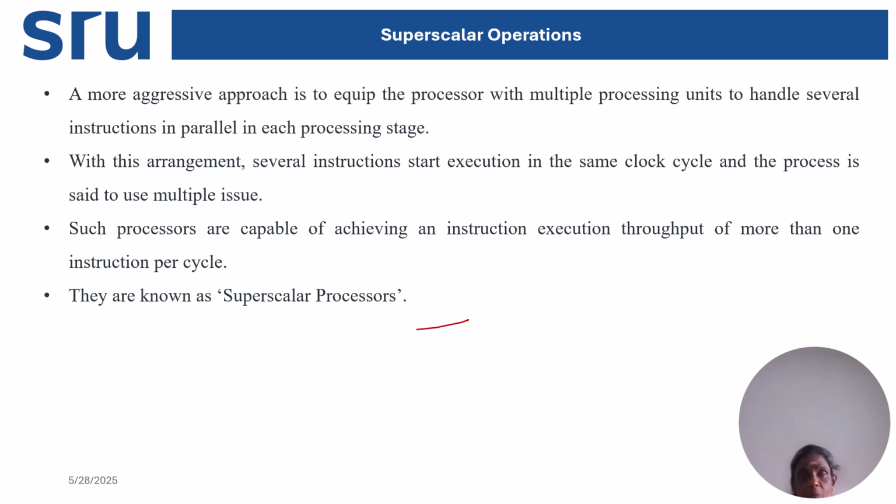A more aggressive approach is to equip the processor with multiple processing elements. Each processing element will do an individual operation, an individual task. Therefore, we can complete multiple instructions at a time.